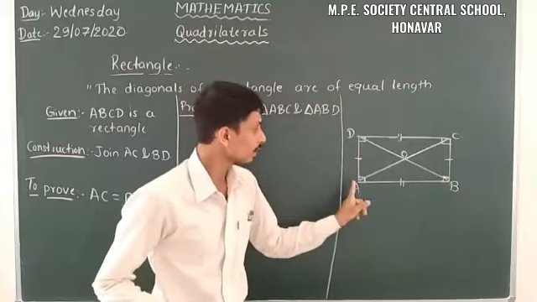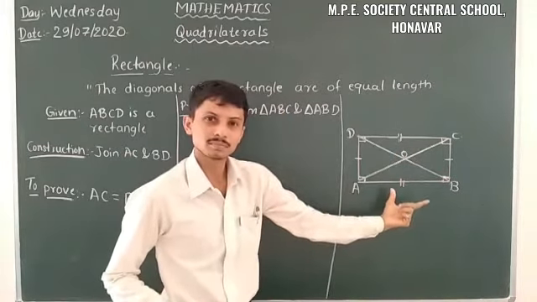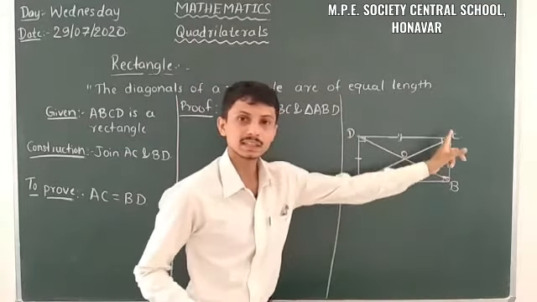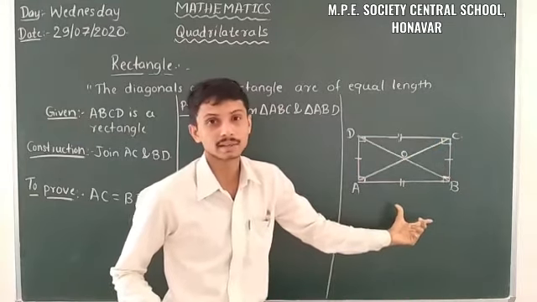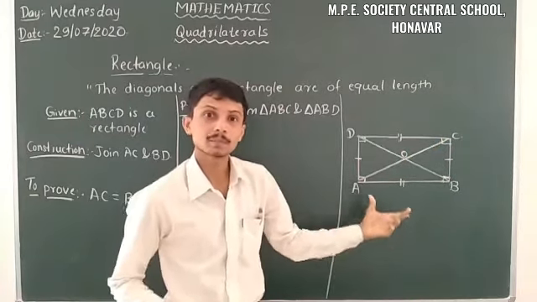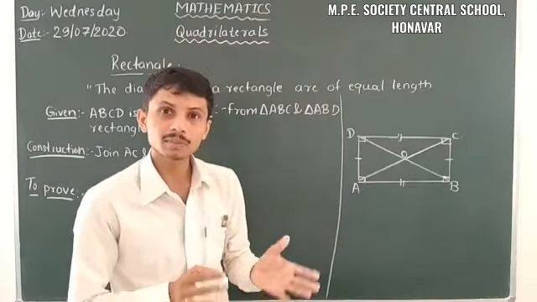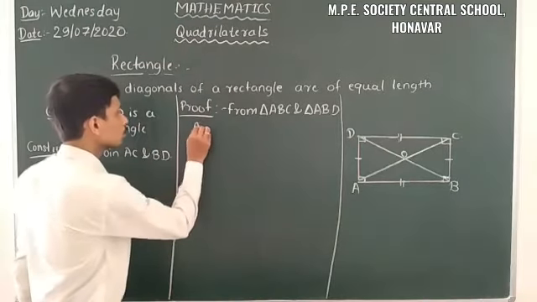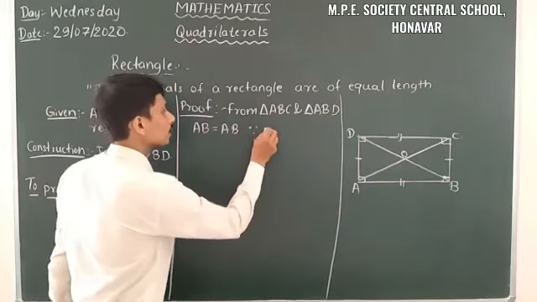AB is a common side for both the triangles. That means AB is equal to AB. Both triangles having a common side means those sides are one and the same. That means AB is equal to AB because it is a common side.